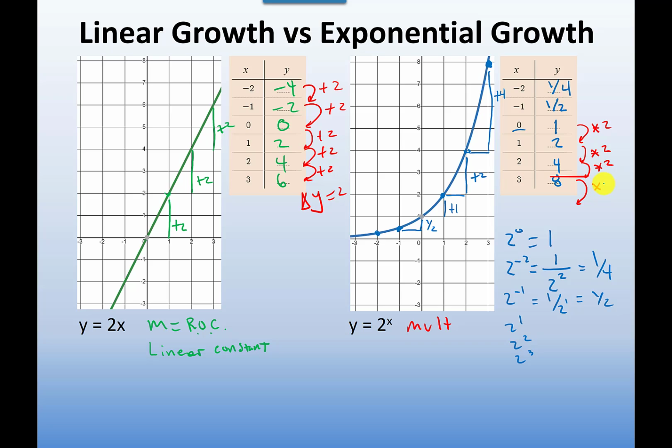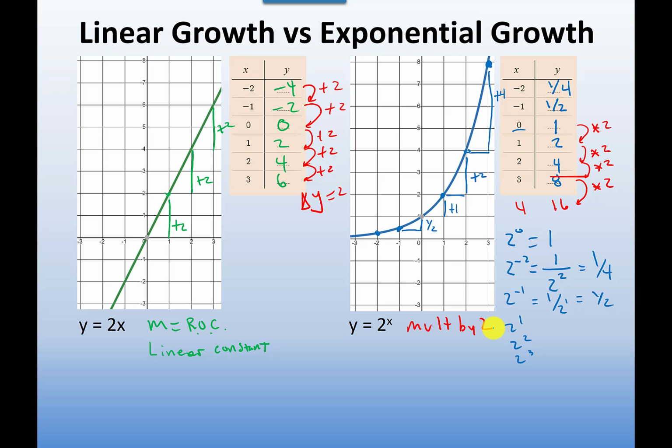So if we keep this pattern going, and we took 8 times 2, we'd be getting 16, which is the next one. And that's, of course, what happens with 2 to the 4th. So there is a constant pattern here. But the pattern is not by adding. So it's a pattern of multiplying by 2.